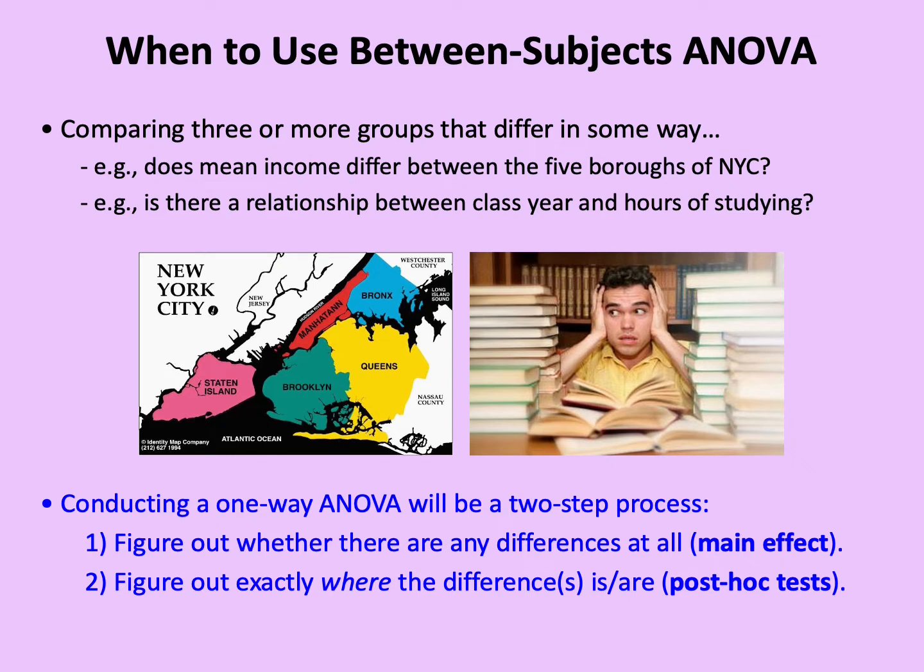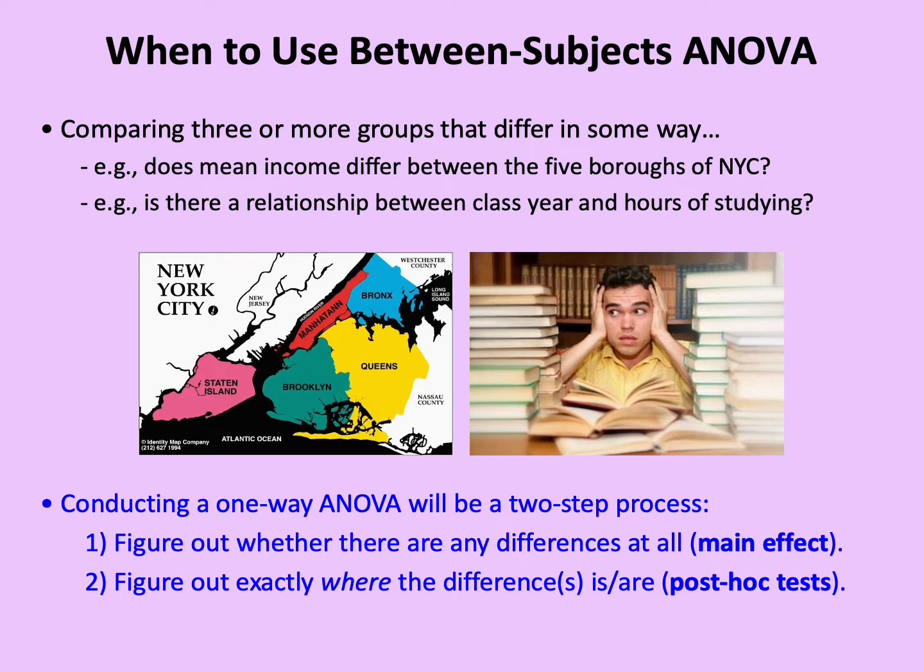So maybe we would expect hours of studying to increase linearly as people advance in college. We would collect a sample of freshmen, sophomores, juniors, and seniors, and look at whether there is a difference between those groups in terms of hours of studying. All right, hopefully that makes sense.